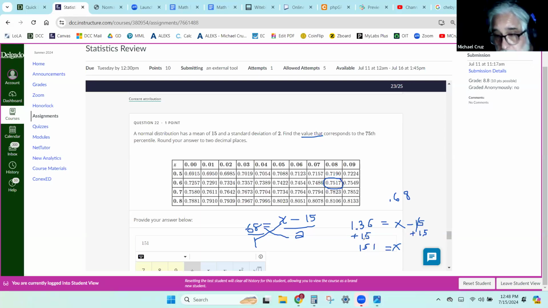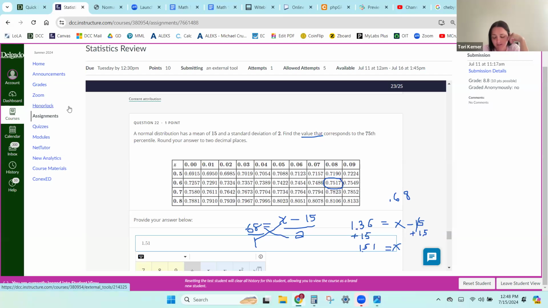All right. So 1.51. We may have to come back to this one. I'm getting 16.36 on my calculator, but last time I did it, I came up with 16.35. It told me what the right answer was.